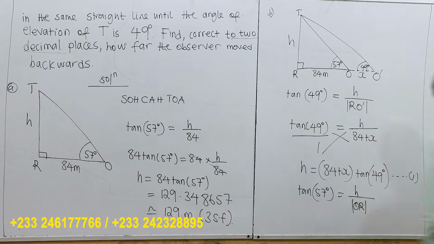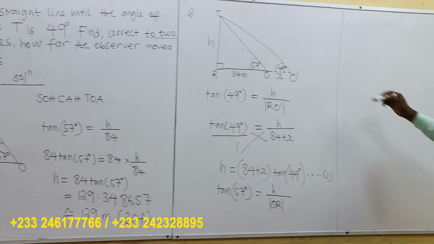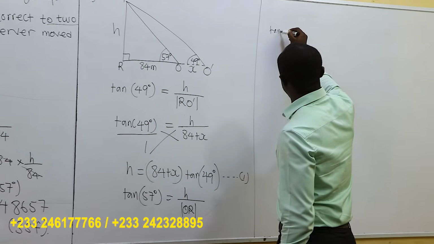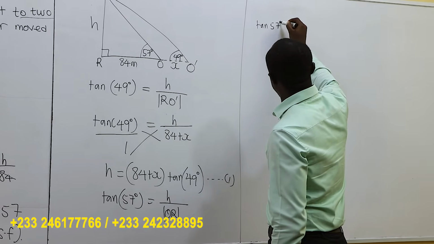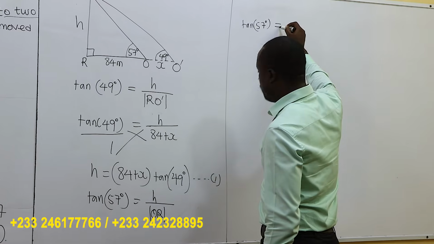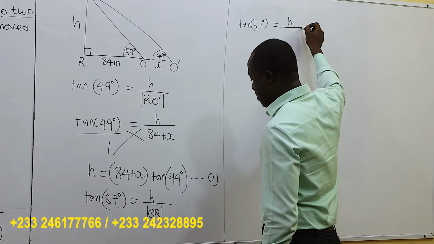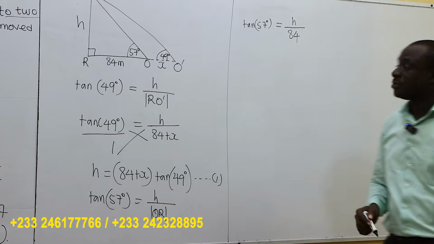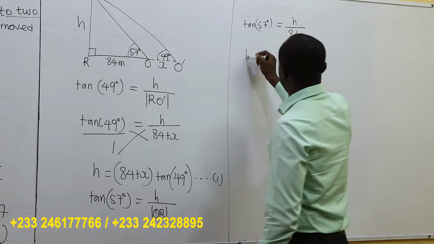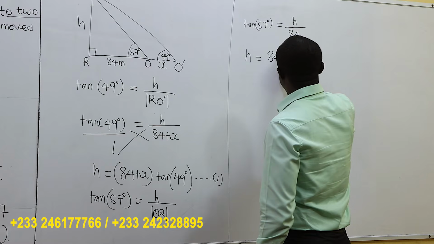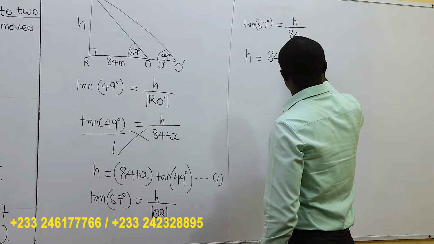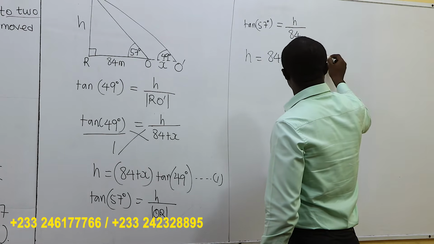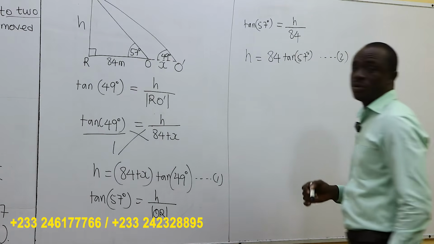So tan 57 degrees equals H over 84, since OR is 84. Cross multiplying, clearly our H is 84 tan 57 degrees. This is equation 2.